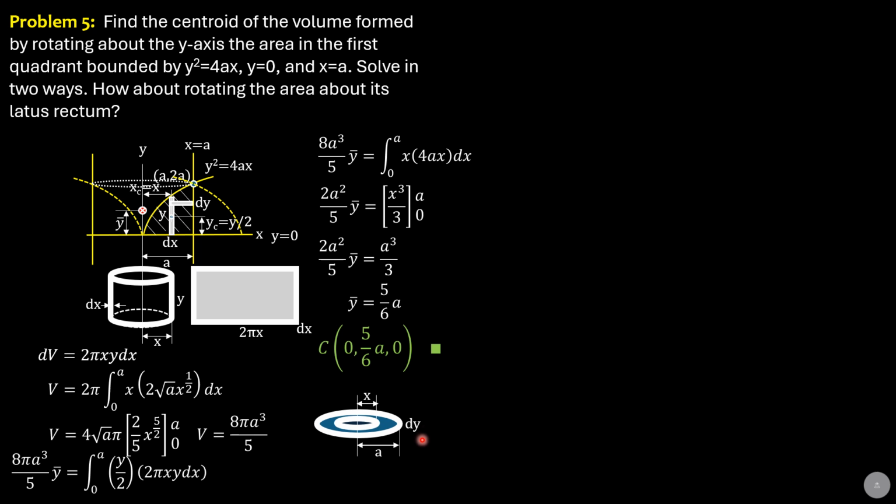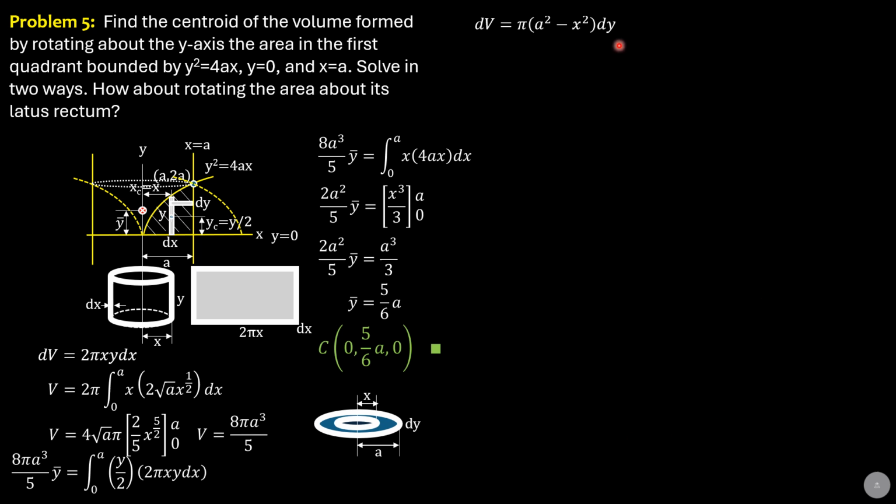The thickness this time is differential y, and the limits would be from 0 to 2a this time. And again, the volume is pi quantity a square minus x square closed times dy. So that's differential volume.